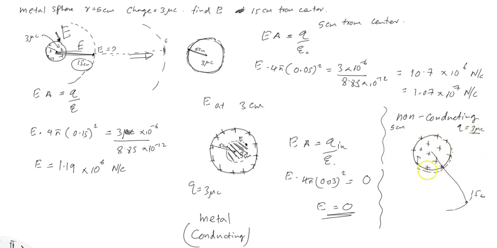If I ask for the E field at, let's say, 2 centimeters, less than the radius, inside the circle, then you really need to calculate the charge inside. If the whole thing has 3 microcoulombs, how many microcoulombs are in this part? It's going to be some ratio, right? That's something you need to figure out.